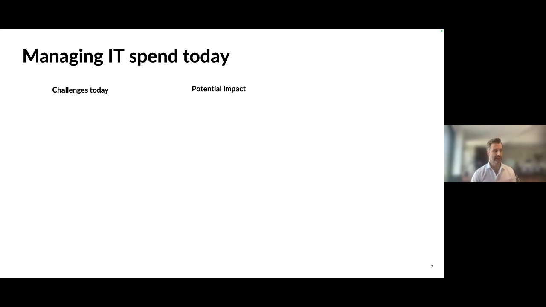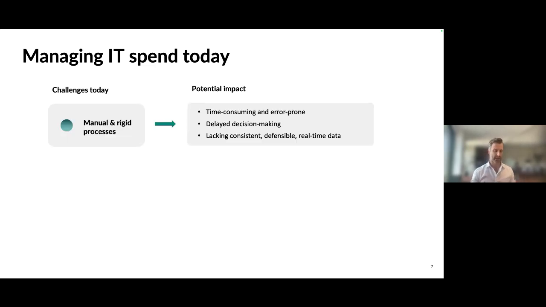Now, ultimately, that's great. In theory, everyone would love to be able to do that, but what are the key things that we're hearing from all of the organizations that we start to work with and the other analysts that we speak to within the field? And they're pretty clear. When we think about managing IT spend today, the majority of this is done within a manual or homegrown tool or something like a spreadsheet. Now, the very clear problem with this is that it's very time consuming.